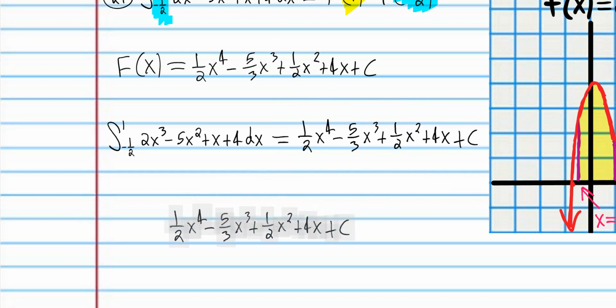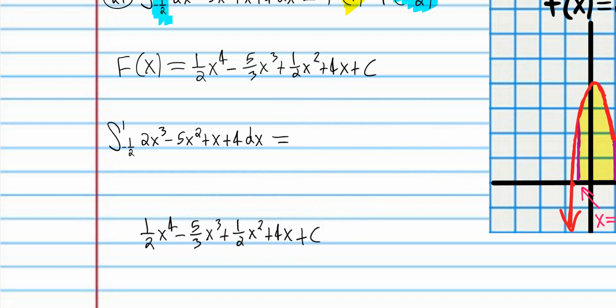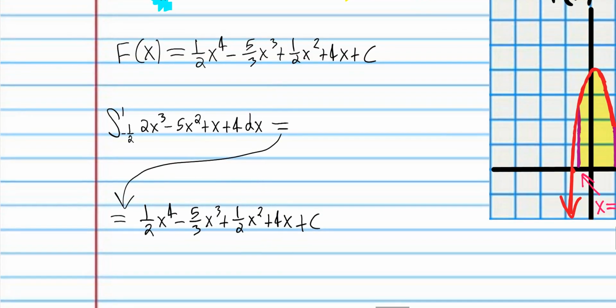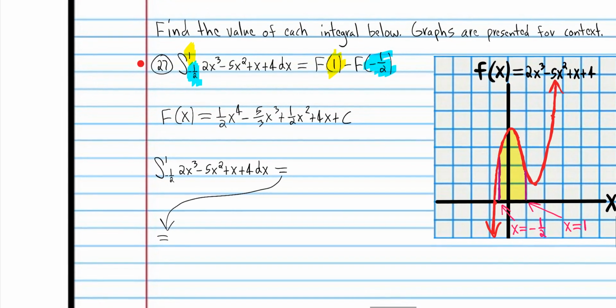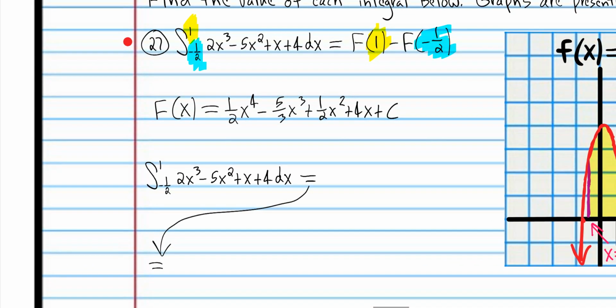So we don't have a lot of room here, so I'm going to have to write this down here. And of course I'm going to have to replace the x's with ones. So we have the antiderivative is 1/2 times 1 to the 4th power minus 5/3 times 1 to the 3rd power plus 1/2 times 1 squared plus 4 times 1 plus c.